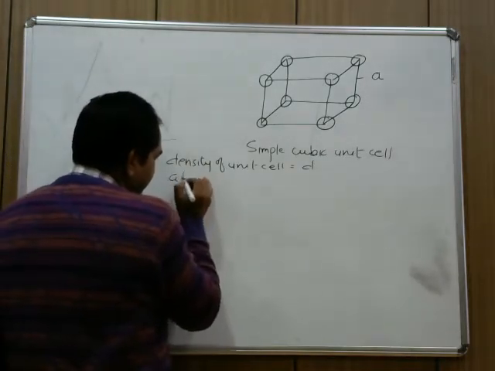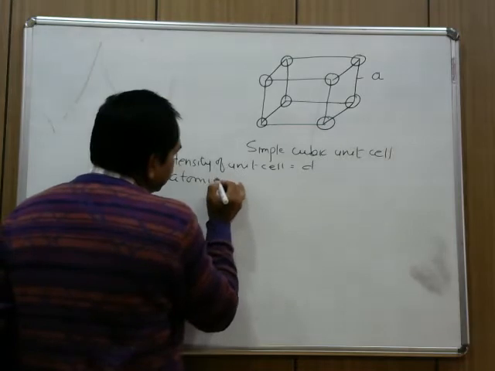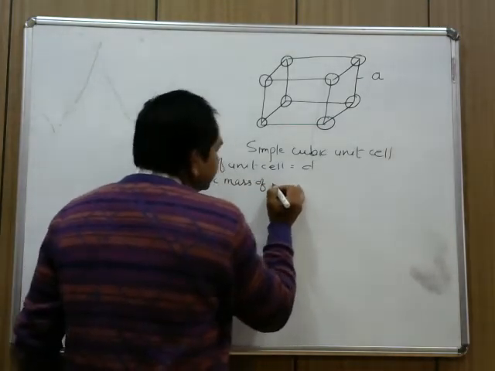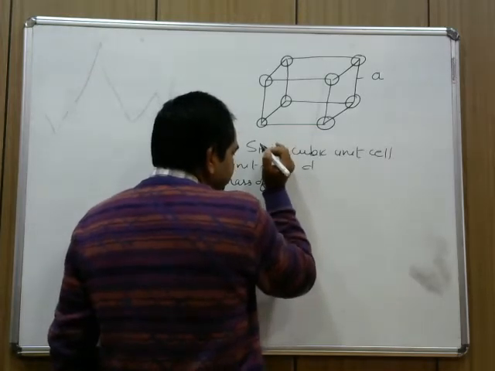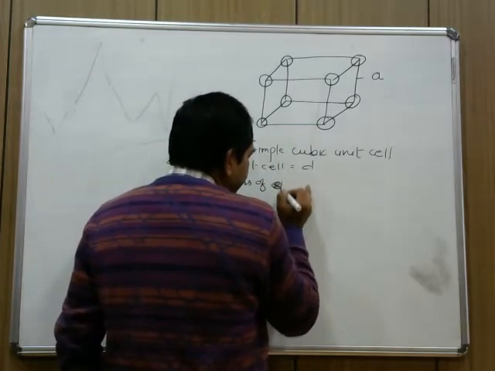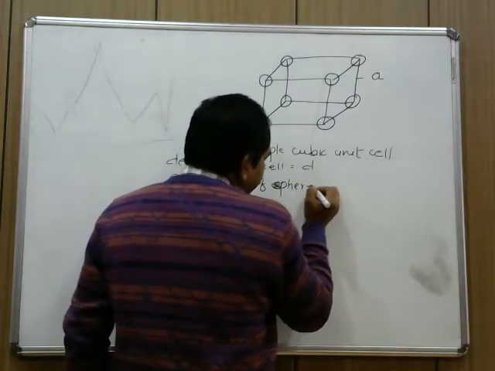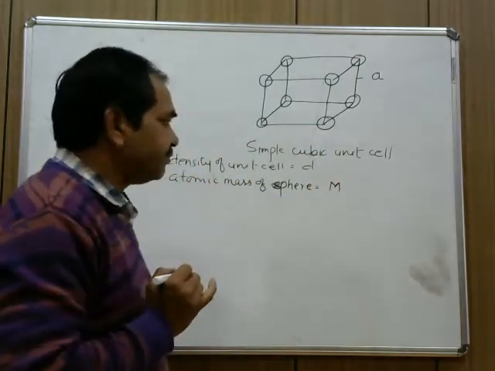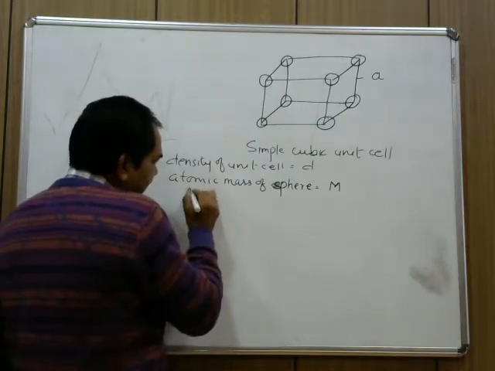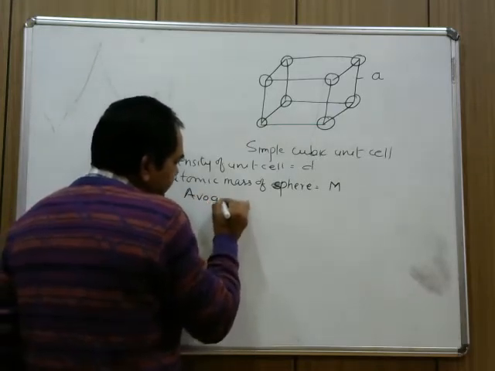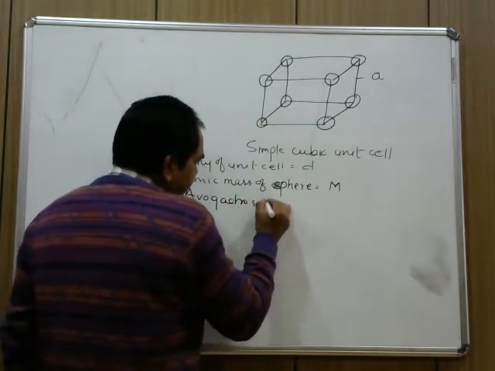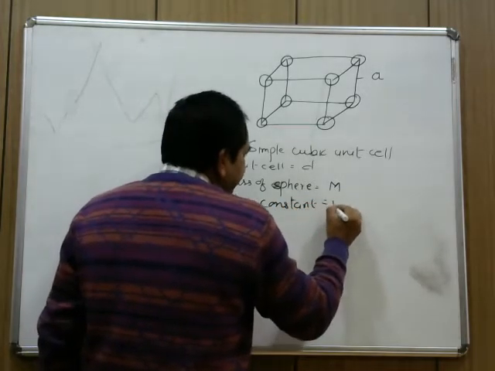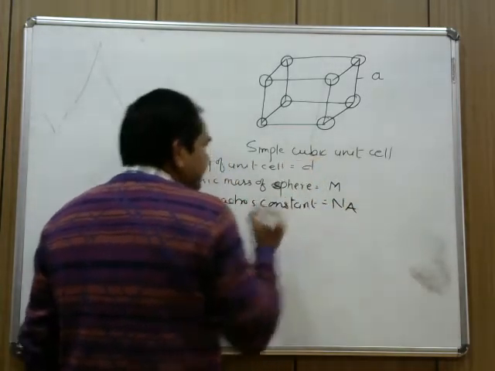Then atomic mass of sphere is M, and Avogadro's constant is represented by Na.